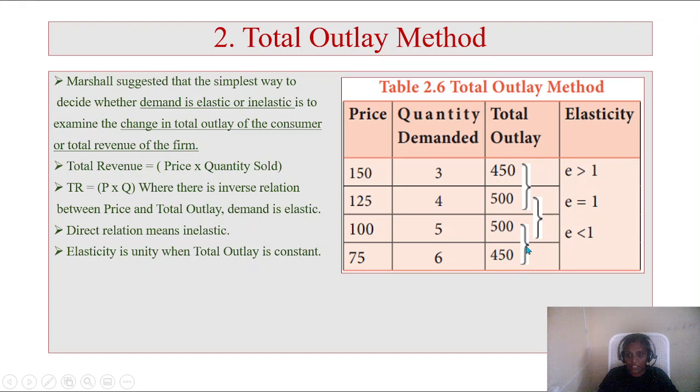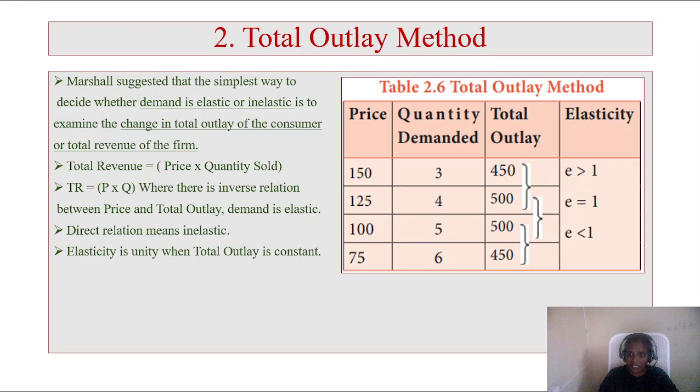We cannot say that it happens in all situations, only in some situations, as various types of situations happen at various times. So the total outlay may decrease from 500 to 450, where the elasticity will be less than 1. So these are the three situations that happen with the help of the total outlay method.